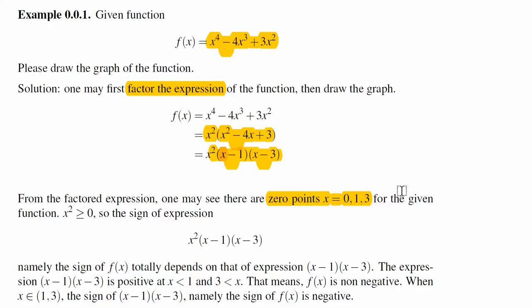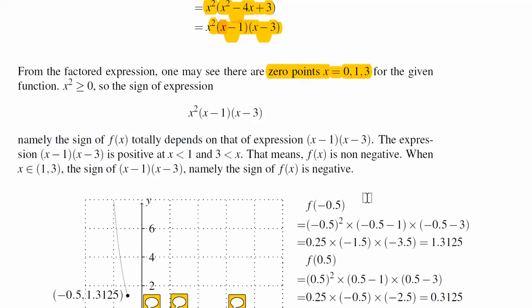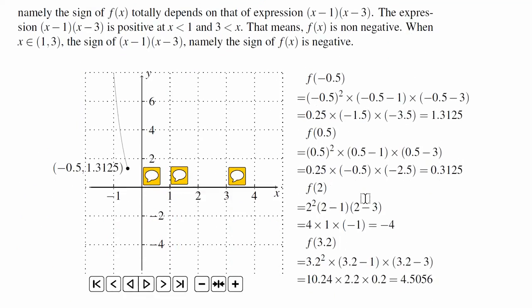Once we've got 3 zero points, we know these 3 zero points will divide the whole axis into 4 parts. This real axis now is in 4 parts right here.